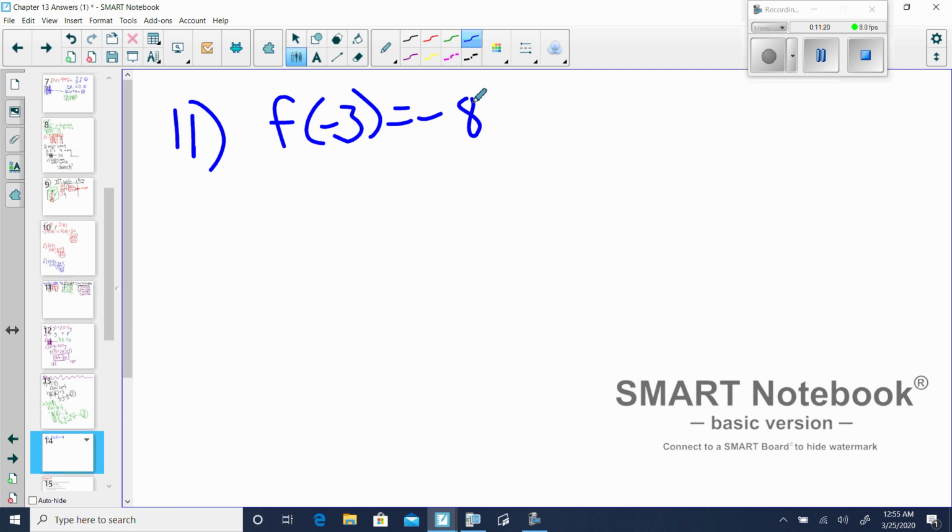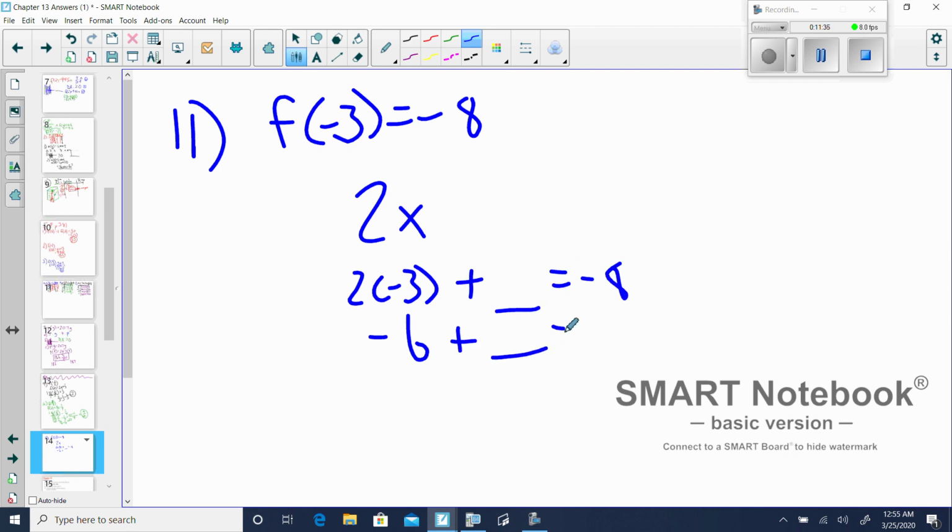All right, so let's say, what if I want to do something with 2? What if I wanted to say 2x? So 2 times -3 is -6. -6 plus something equals -8. That something is -2, right? Because I can add 6 to both sides, so blank equals -2.